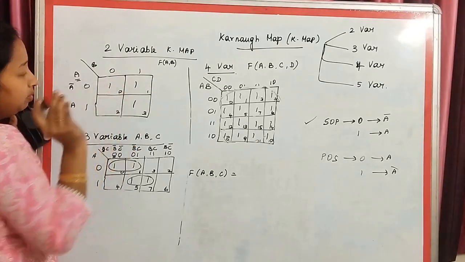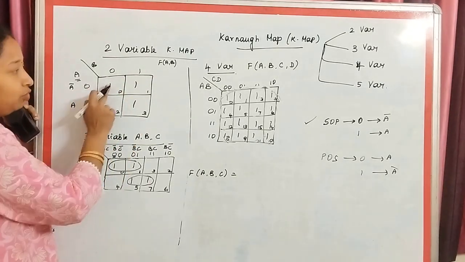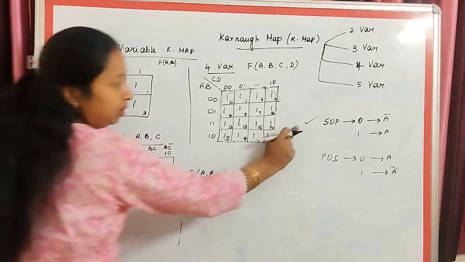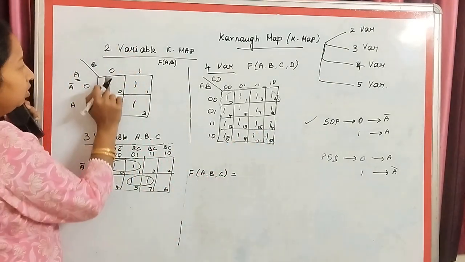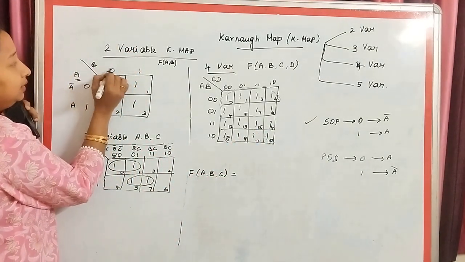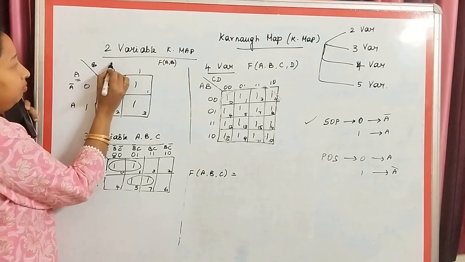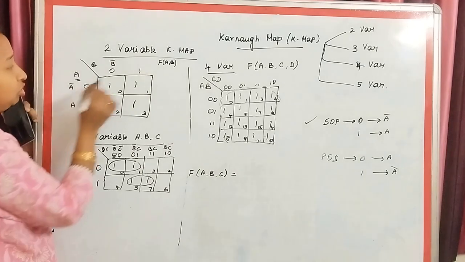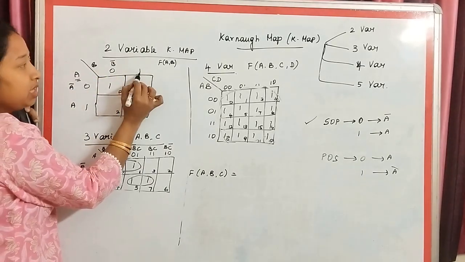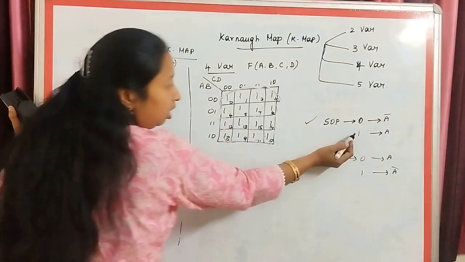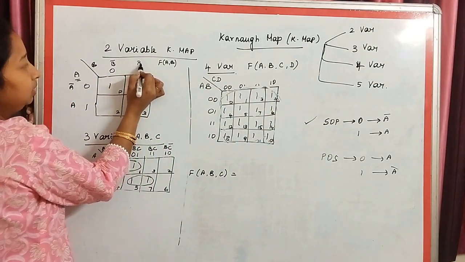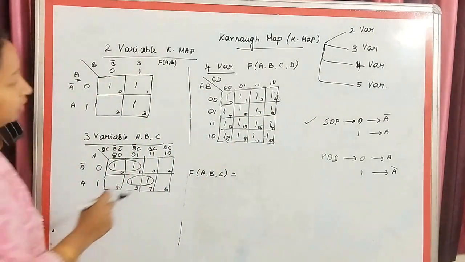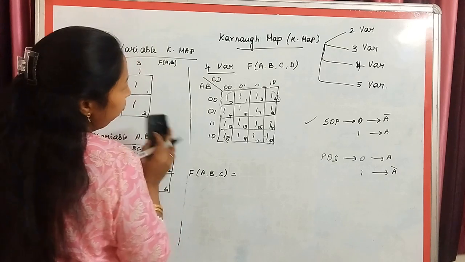We are solving only SOP right now. Now, if B is represented as 0, you have to mention it as B bar, the complemented version of it. If B is given as 1, it means you have to mention only the actual variable, that is B. Clear? Say, for 4 variable, give me for the 4 variable.